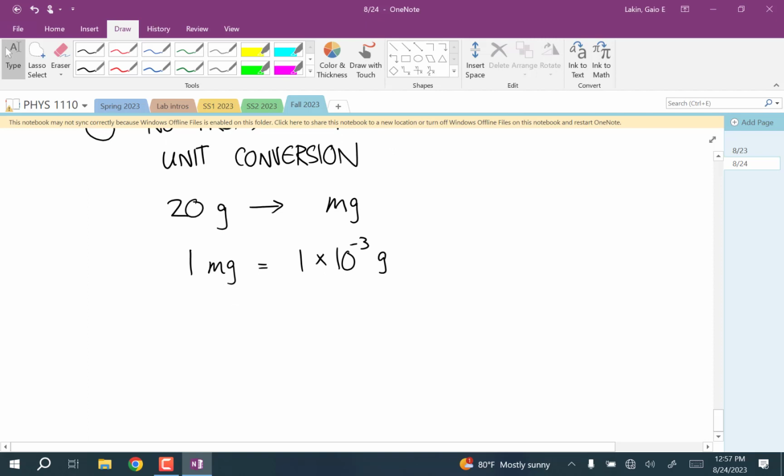Now we're going to start with 20 grams and come up with our conversion factor that cancels the grams. So we have 1 times 10 to the minus third grams in the denominator, 1 milligram in the numerator.